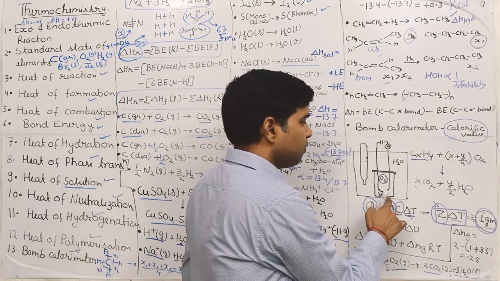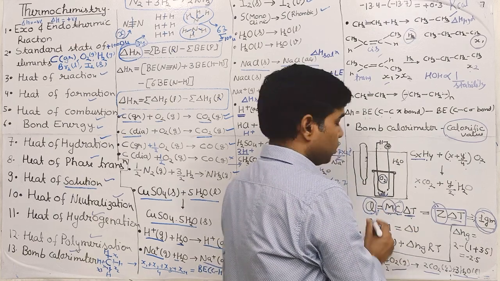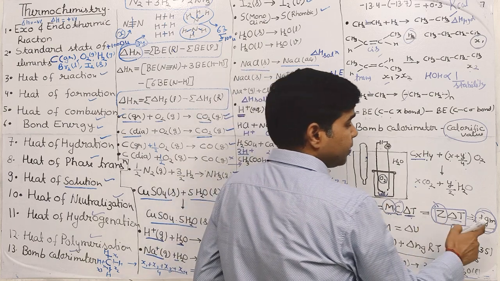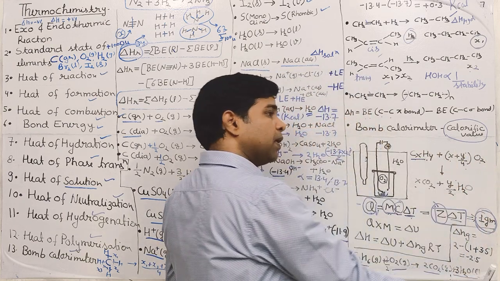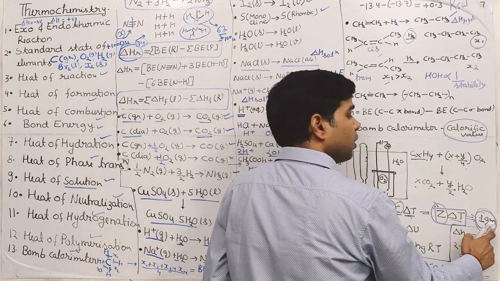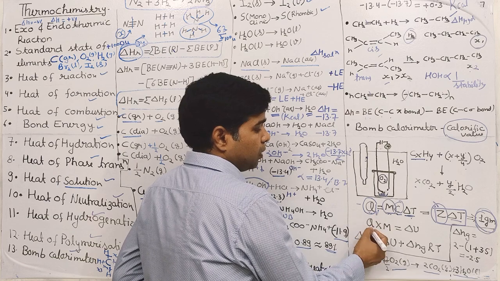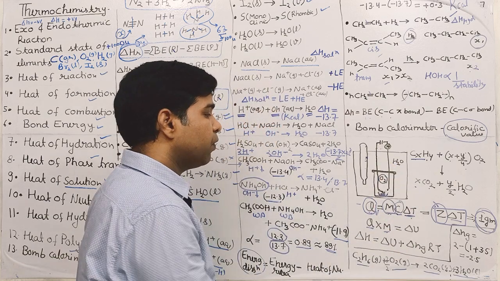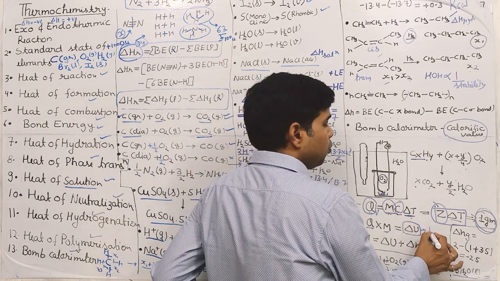Because we have taken 1 gram, this is the energy at constant volume. This energy is the value released by the combustion of 1 gram of the fuel. If this heat given by 1 gram is multiplied by the molar mass, what do we have? We have the change in internal energy per mole.